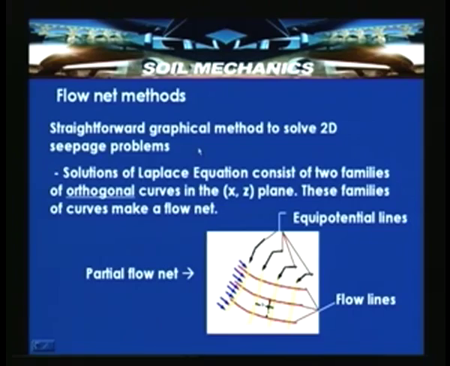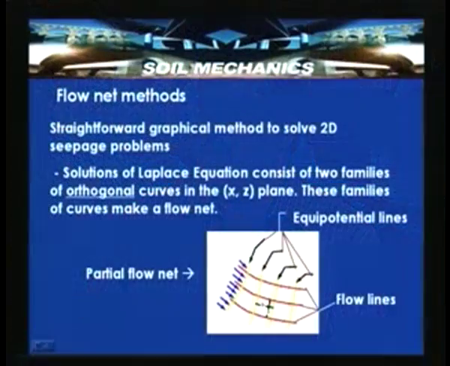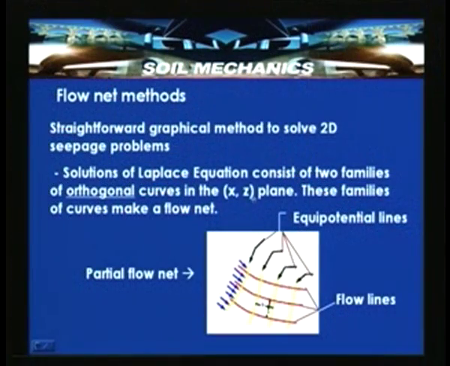The flow net method, as mentioned earlier, is a straightforward graphical method to solve two-dimensional seepage problems. Solutions of the Laplace equation consist of two families of orthogonal curves in the xz plane, where x is the horizontal distance and z the depth. So, we are considering two-dimensional problems, and these families of curves make a flow net.